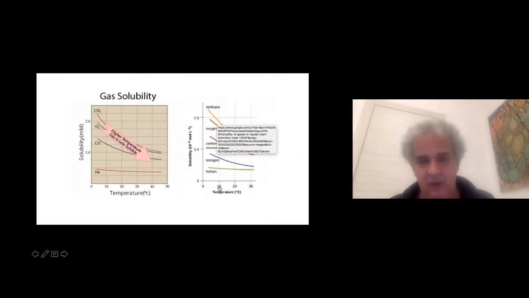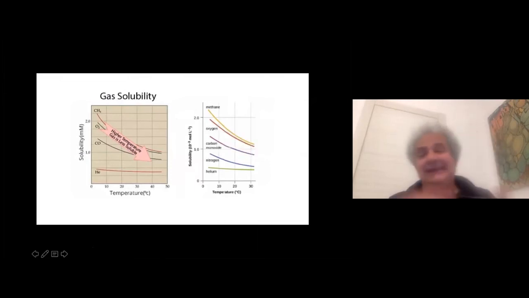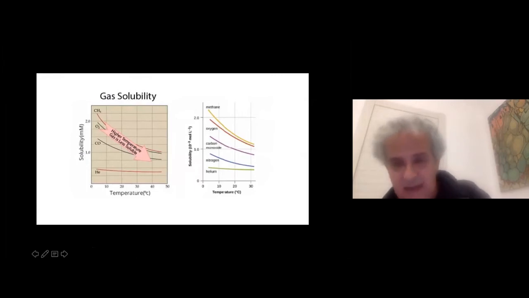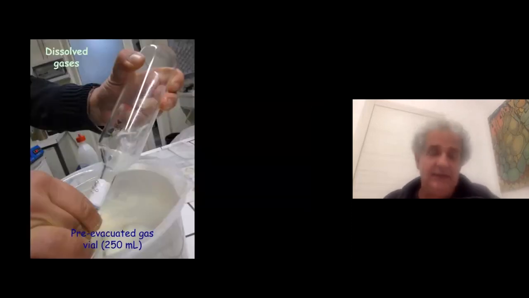You have methane, oxygen, and so forth. You can see their solubility is decreasing as the temperature increases. And this is an important point. But we skip this problem because basically we do the analysis at lab temperature, at ambient temperature.